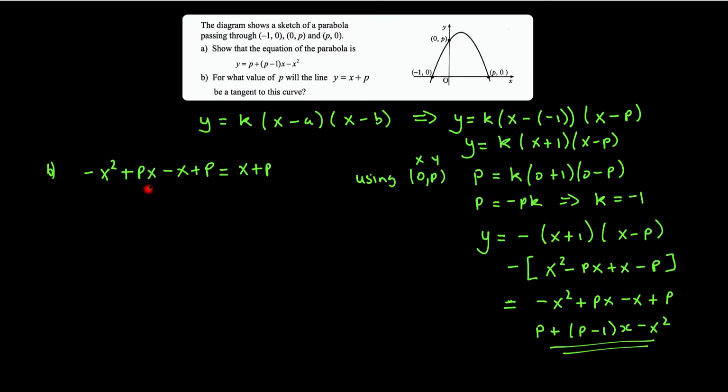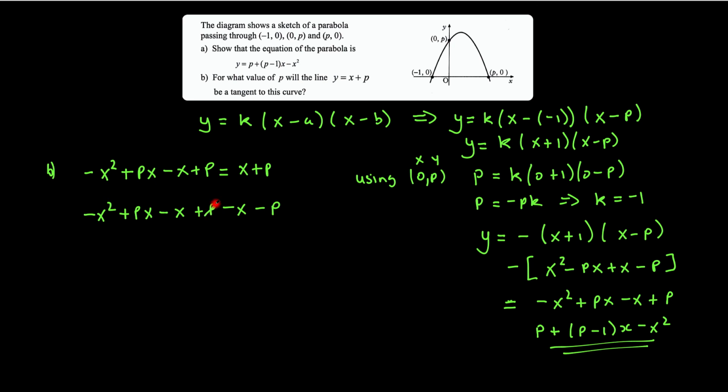So then we have minus x squared, so I'll bring everything onto the left hand side and I'll get px minus x plus p. Then I get minus x when I bring this to this side, and I get minus p here.